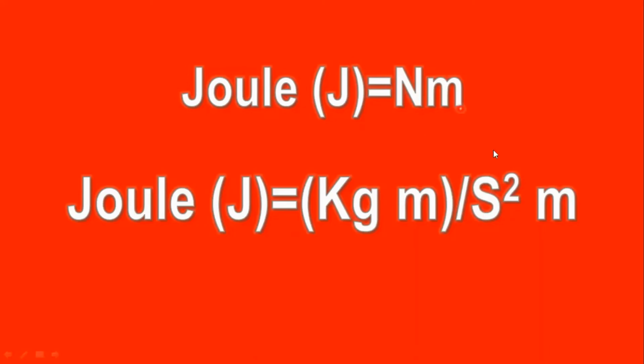Newton is defined such that if a force is applied and it produces an acceleration of 1 meter per second squared in that body, that force is called 1 Newton.